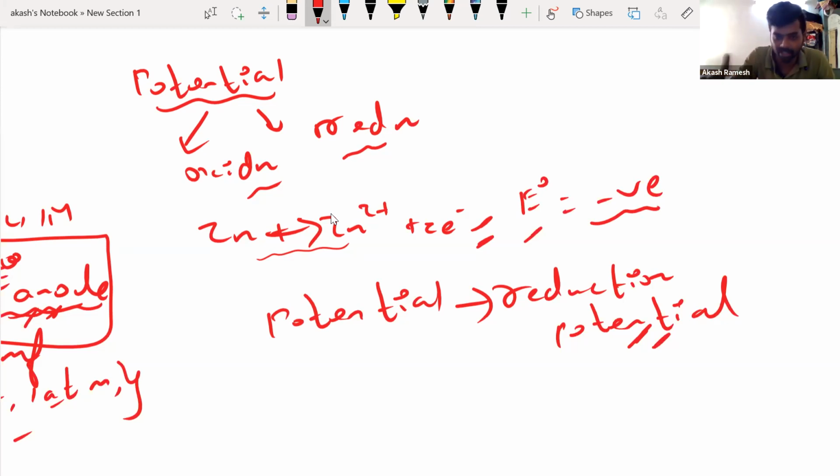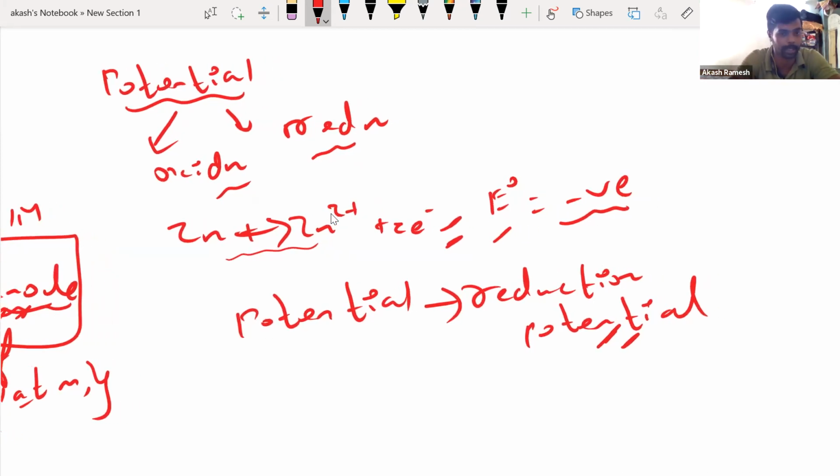Whenever I have oxidation happening and I speak about reduction potential, that potential will always be a negative value. But if I have reduction happening and you speak about reduction potential, that will be a positive value. Now this will make more sense once we see how we are going to measure it.